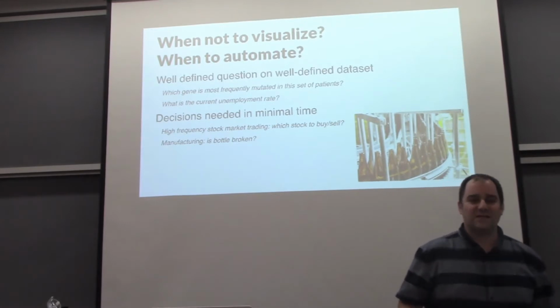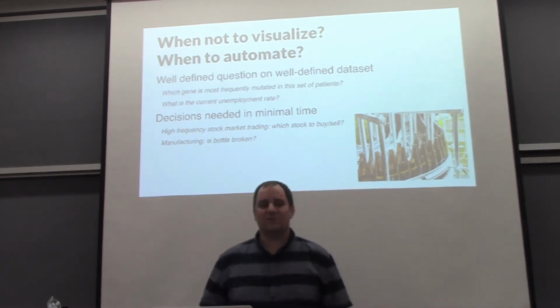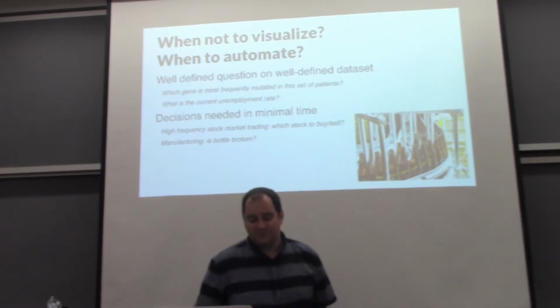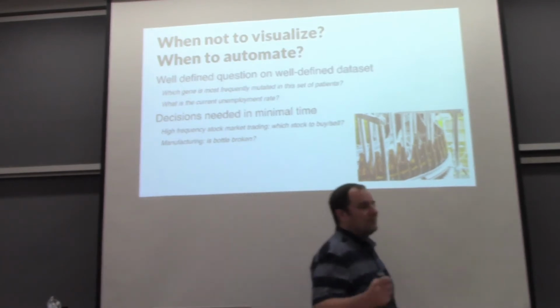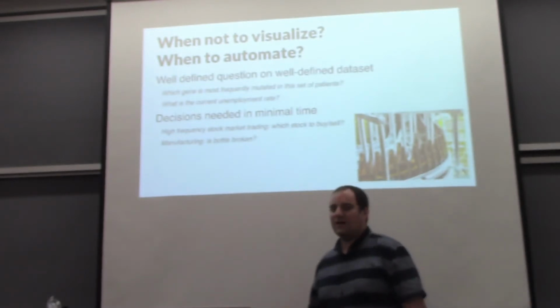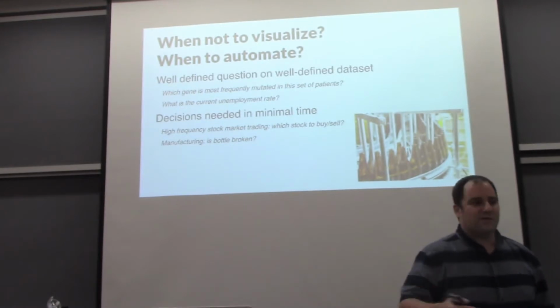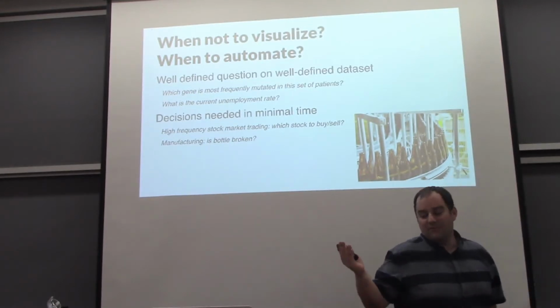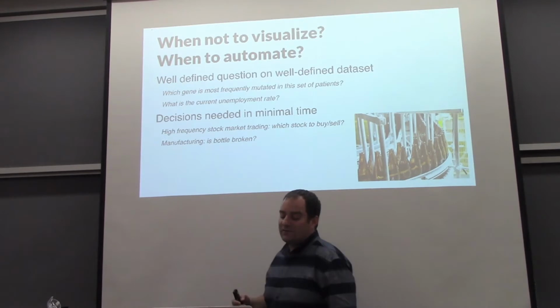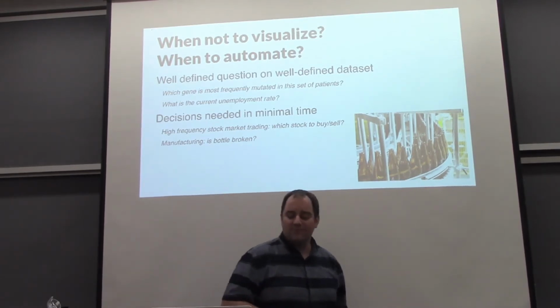So if your question is that simple, that well-defined, and all the data that you need is stored in a computer, you don't need visualization. Or what is the current unemployment rate? Again, something that you can look up, you don't need context. However, if you want to understand how the unemployment rate correlates with other economic indices, or how it developed over time, then again, visualization could be very helpful.